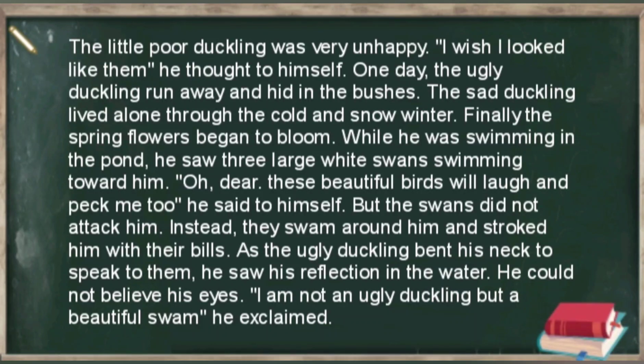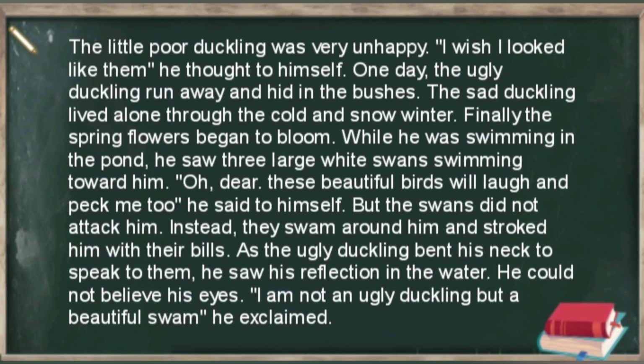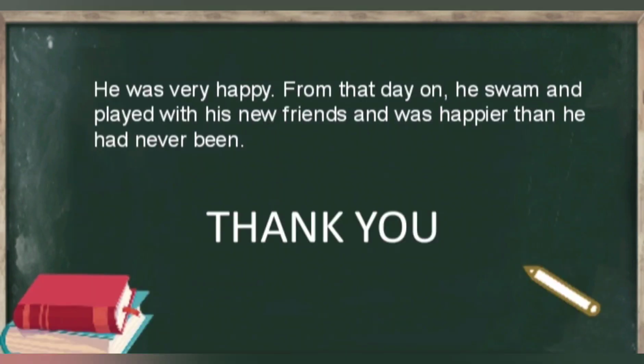Instead, they swam around him and stroked him with their bills. As the ugly duckling bent his neck to speak to them, he saw his reflection in the water. He could not believe his eyes. "I am not an ugly duckling, but a beautiful swan," he exclaimed with his new friends, and was happier than he had ever been.